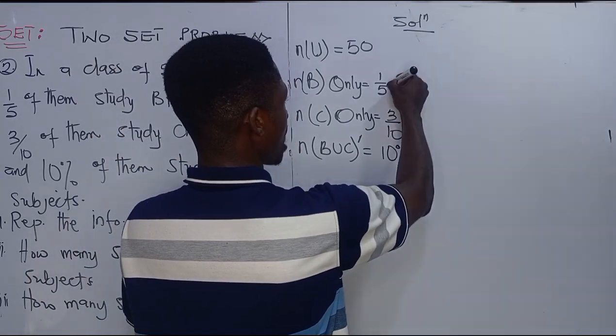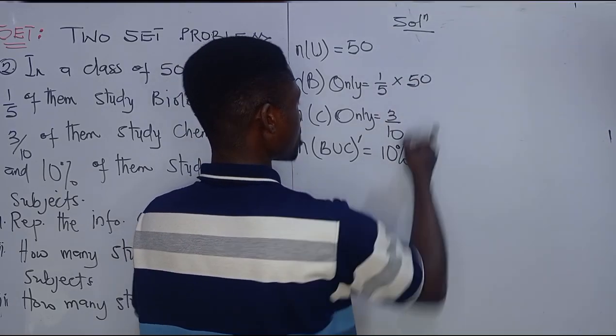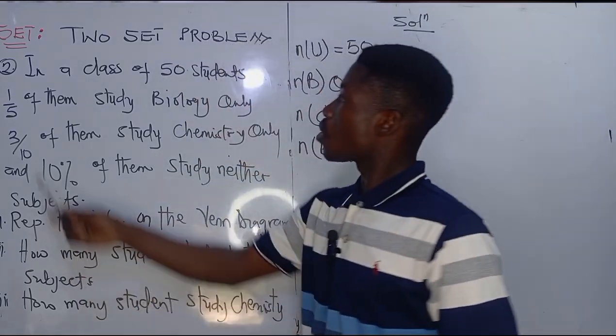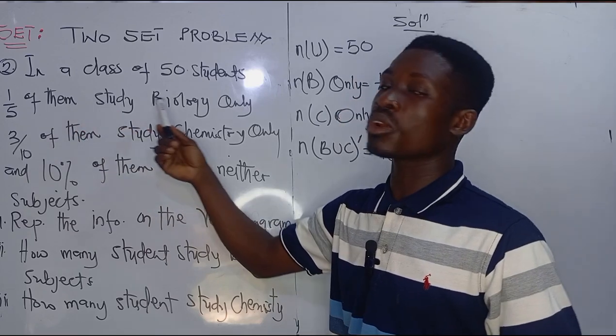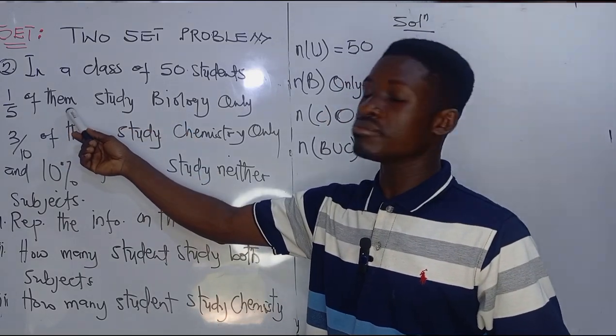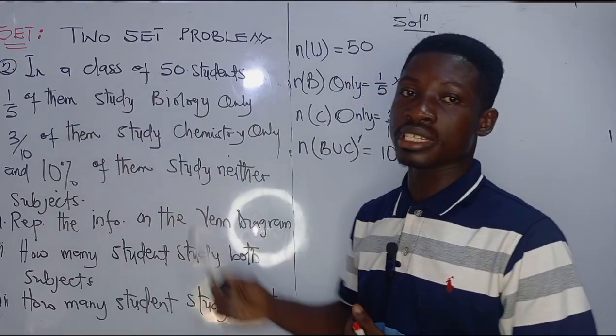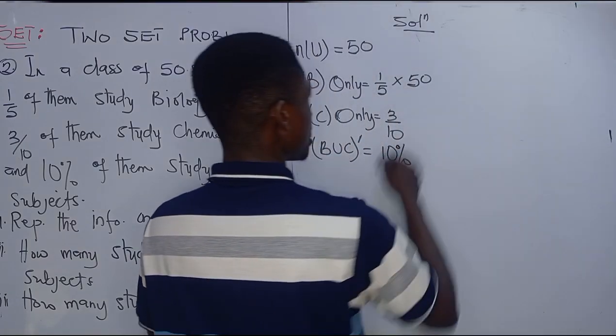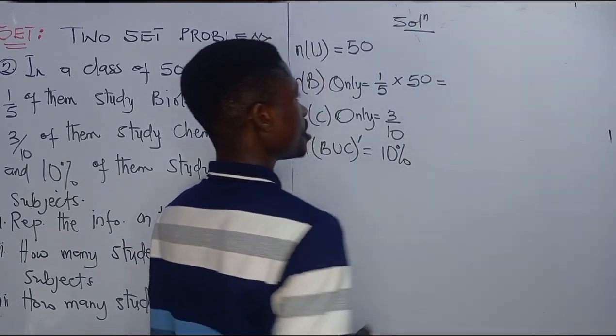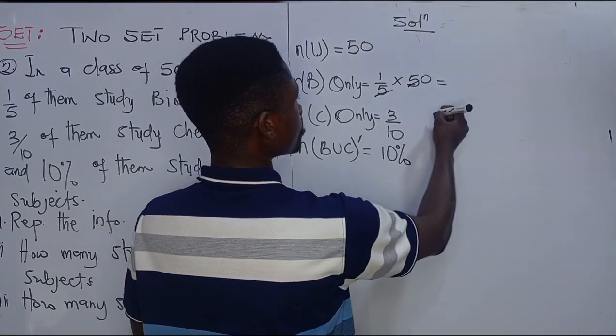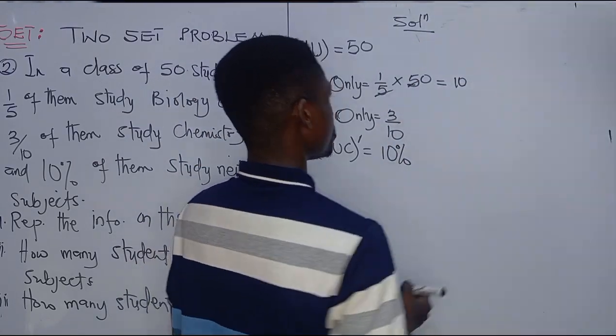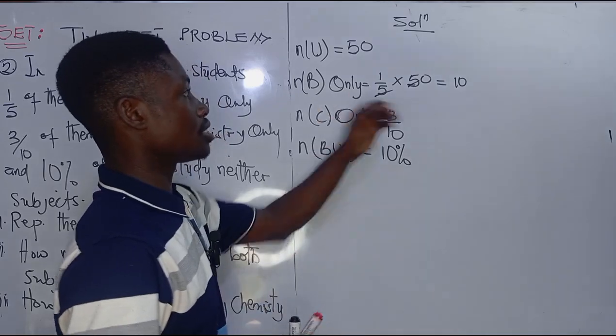So we are going to have times what? 50, because 'of them' means times the number of students in the class. When you do your algebra, you get 10. So the number of students who offer biology only is 10.